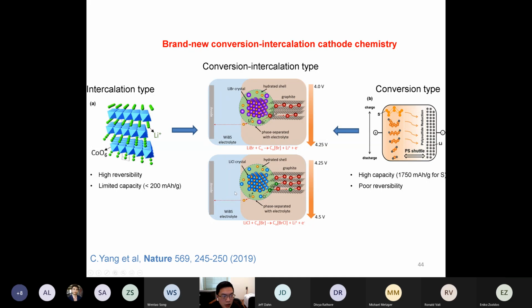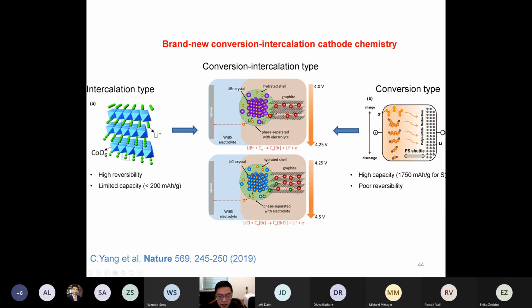In this way, we use the advantage of an intercalation reaction to provide very good reversibility and protect the highly reactive bromine and chlorine, right? But we get rid of the dead weight or dead volume of the oxide layers, and use a much better intercalation host, graphite.